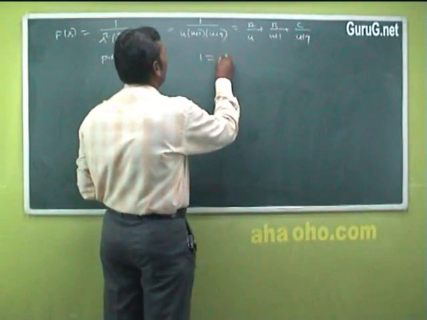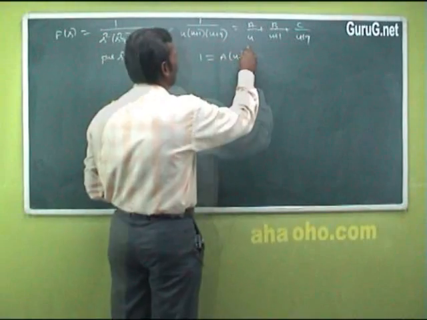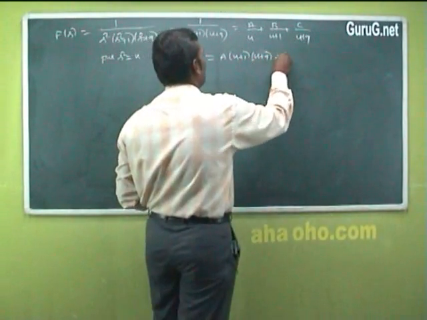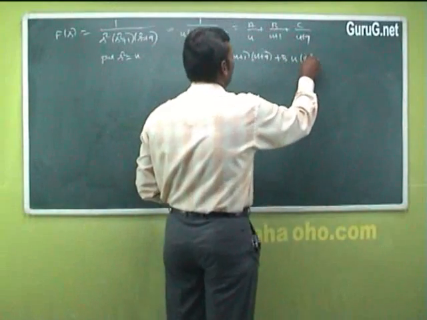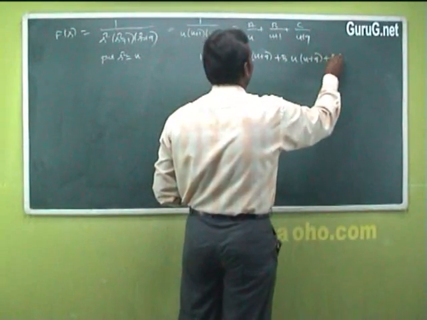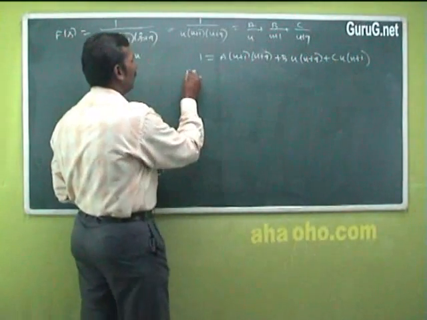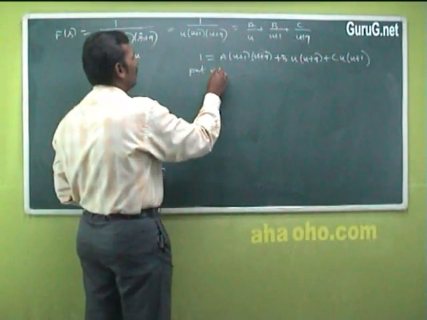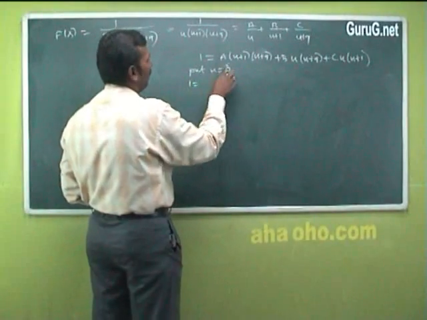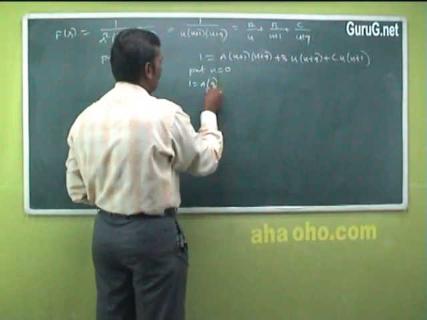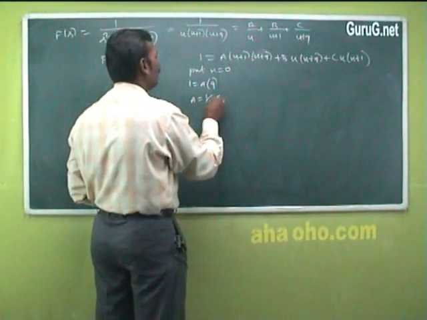So 1 equals a into u plus 1 into u plus 9, plus b into u into u plus 9, plus c into u into u plus 1. So put u equal to 0. So 1 equals a into, this is 1 and this is 9. A equals 1 by 9.